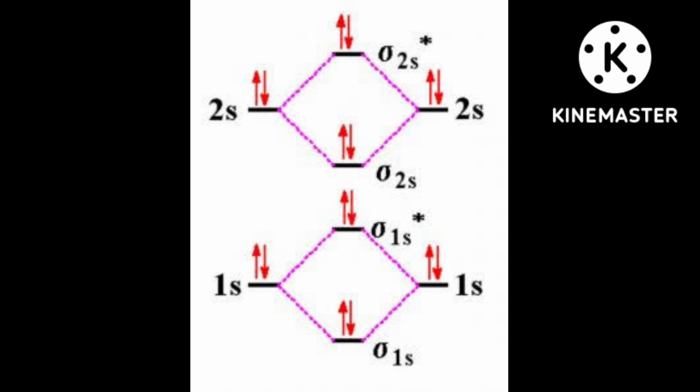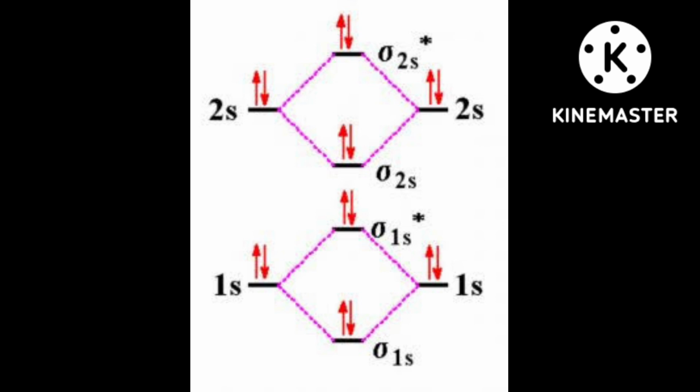For instance, it has been observed experimentally that for molecules such as B2, C2, N2, the increasing order of energy of various molecular orbitals changes. Only pi 2px equals pi 2py is less than sigma 2pz. That is the only difference.